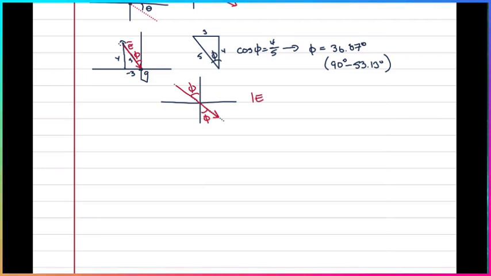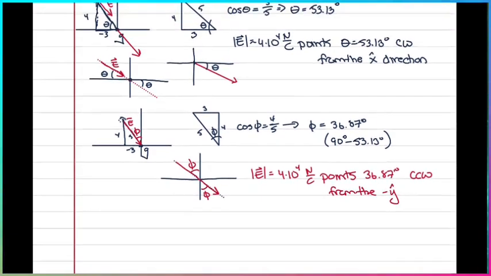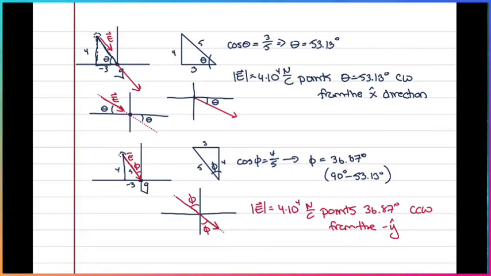So then I could say that E is 4 times 10 to the 4 newtons per coulomb, and it points 36.87 degrees counterclockwise from the negative y direction. That's how I've defined phi here. If I start here and I go counterclockwise that way, that defines phi the way I've drawn it. That would then tell me how E is pointing. And it's of course identical to what I did up above. This is geometry.